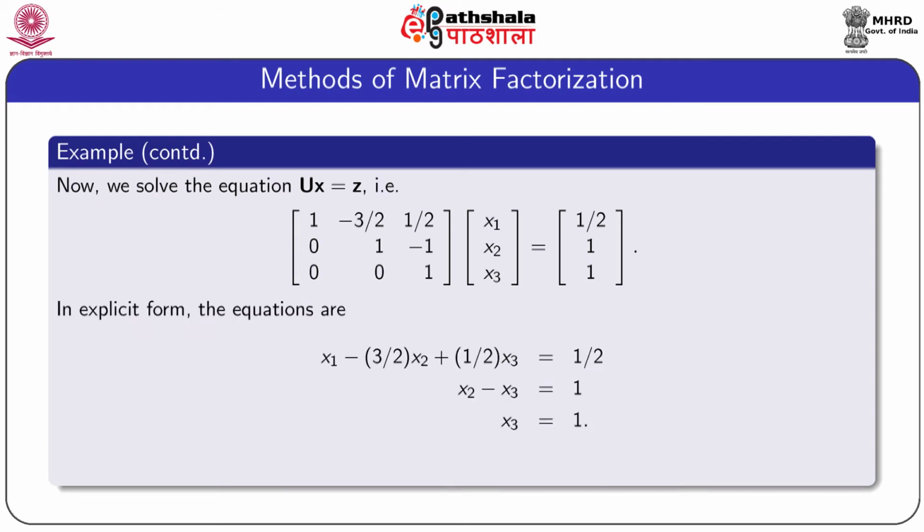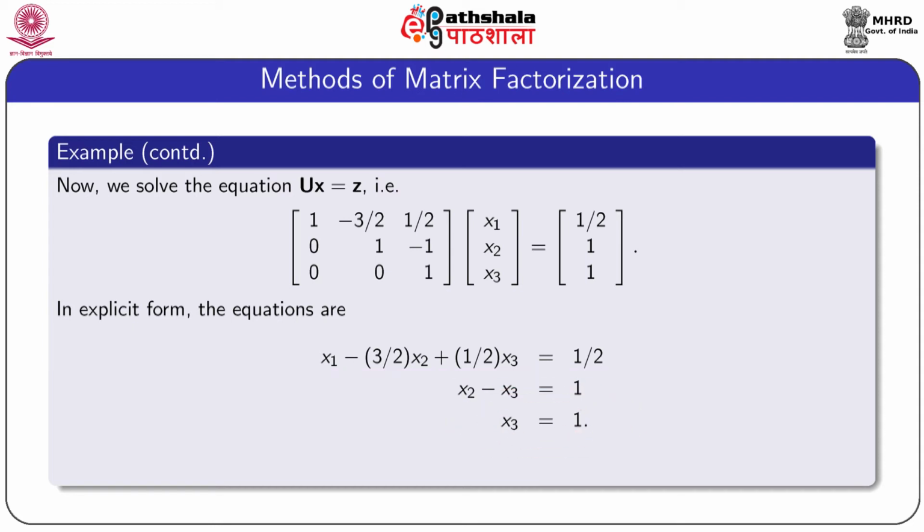In explicit form, this system of equations can be written as x1 - (3/2)x2 + (1/2)x3 = 1/2. The second equation is very simple, x2 - x3 = 1, and the third equation is x3 = 1.